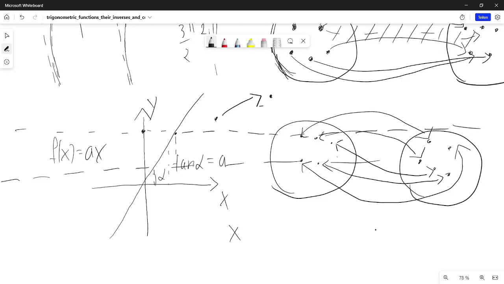Remember, the points here are the places or numbers on the x-axis, and the numbers on the y-axis. So we consider exactly this requirement, one to one, but for sets that have more than finitely many elements.